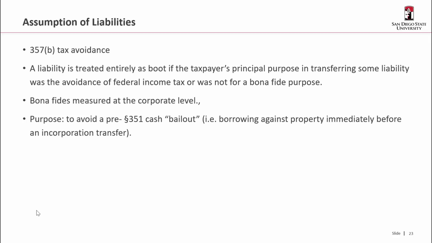So what if instead, right before I transfer that building, I take a mortgage out against it, right? And so what happens is now the cash is in my pocket. Now I transfer the building to the corporation and it assumes the mortgage from me. That's a 351 exchange as long as it doesn't exceed the basis under 357C, I'd walk away with cash in my pocket. That's the cash bailout that they're trying to avoid with this.